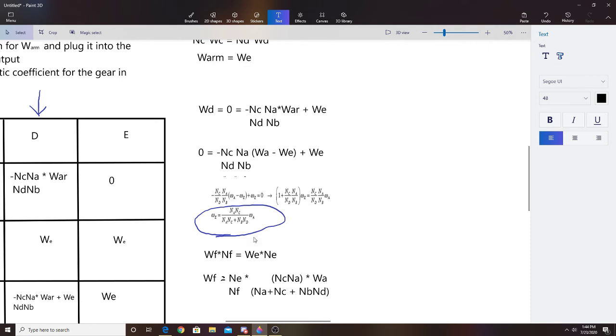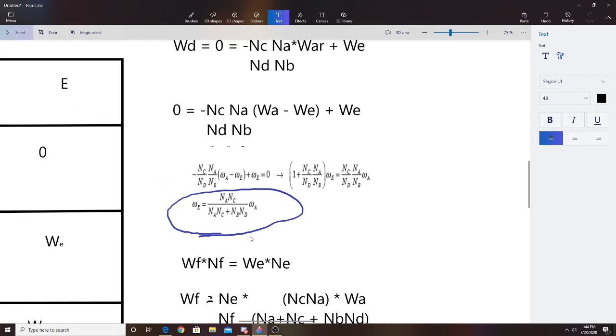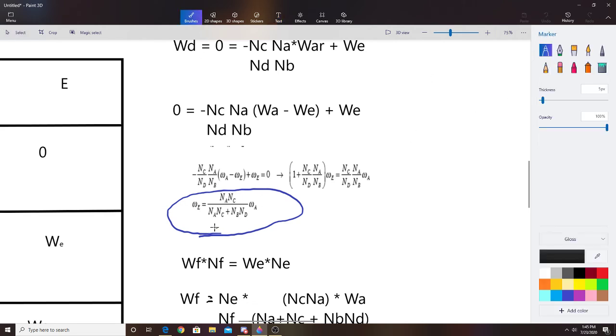So gear E, the kinematic coefficient in this chapter is whatever is in front of the input velocity in the equation for velocity for whatever gear you're looking at. So for example, the kinematic coefficient for gear E is just this quantity right here. It's whatever is attached to our input velocity. So it is this. This is the kinematic coefficient for gear E. Does everybody understand that?